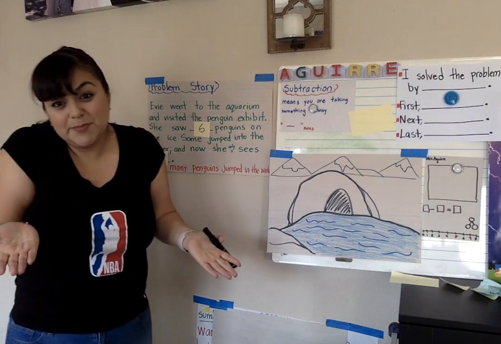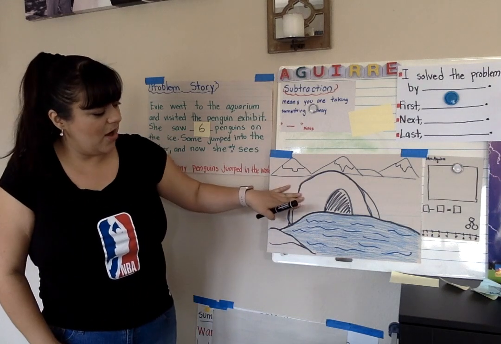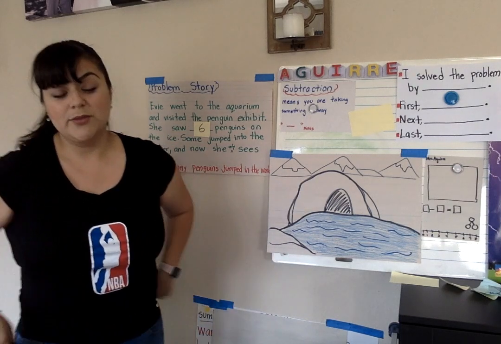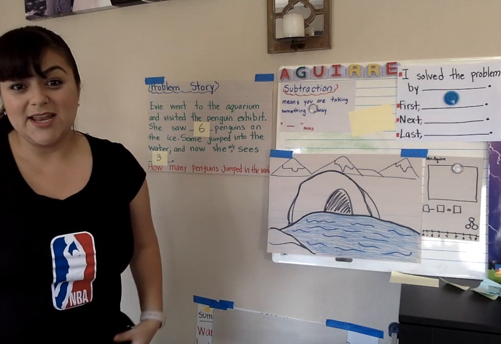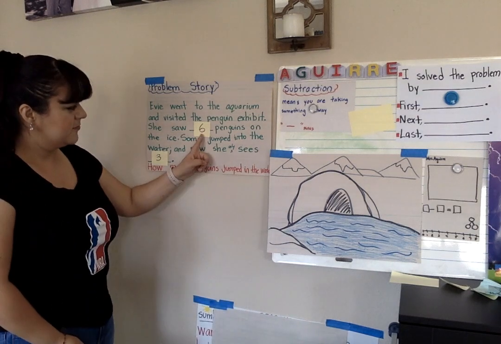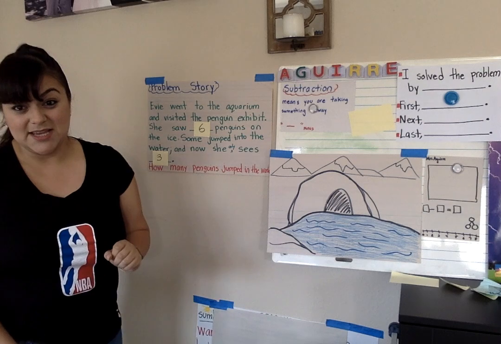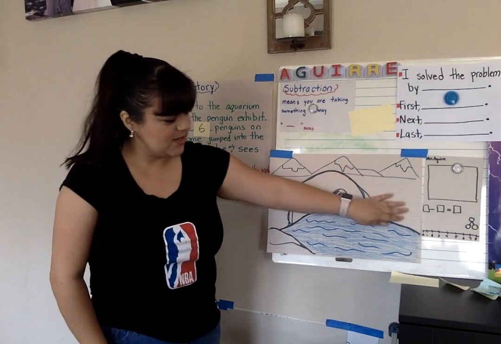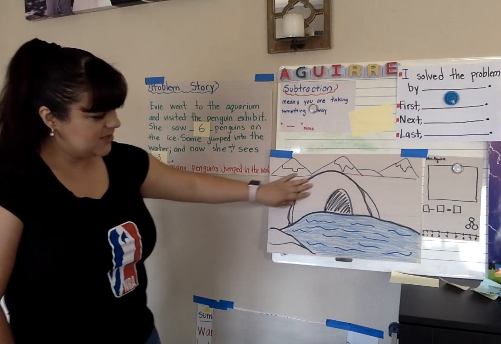How many penguins did she see on the ice? ¿Cuántos pingüinos miró en el hielo? 6. So I'm going to put 6 penguins around in the ice.